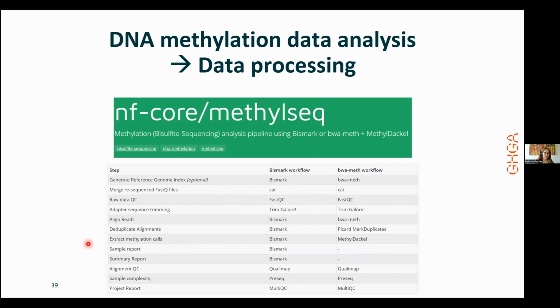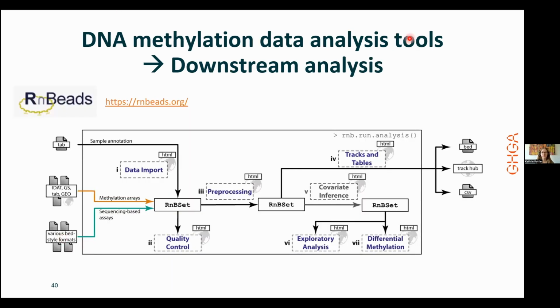In the interest of time, I will not show many more tools for downstream analysis. I just want to advertise one tool because it was co-developed by our lab. So if you're interested in going into DNA methylation analysis, you might check it out. The principle is that we can start with the methylation calls from the NF-core methylseq pipeline and put them into it.